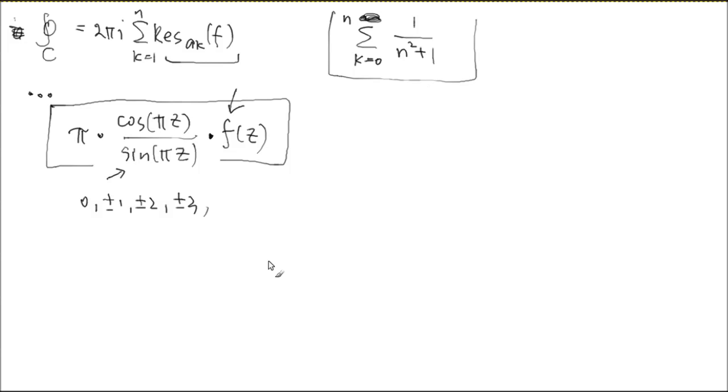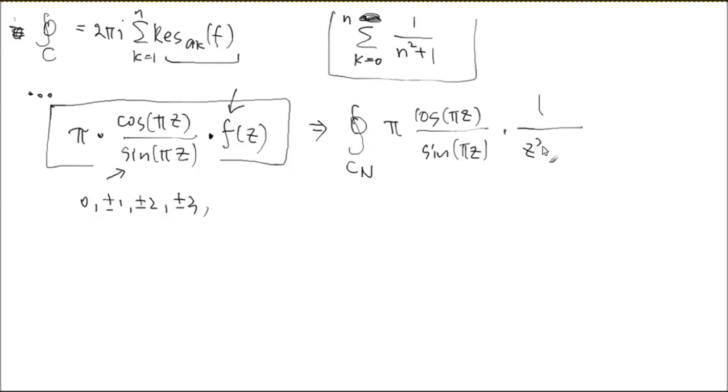So for that one, the key thing is that, all right, let's look at this integral over something called Cn. It's pi times cosine pi z over sine pi z. And the function that we're going to choose is 1 over z squared plus 1, dz.